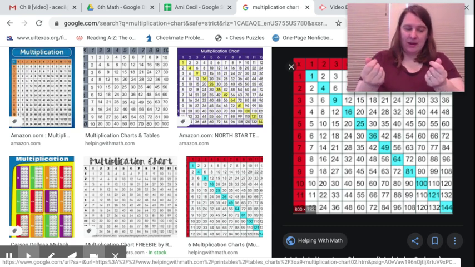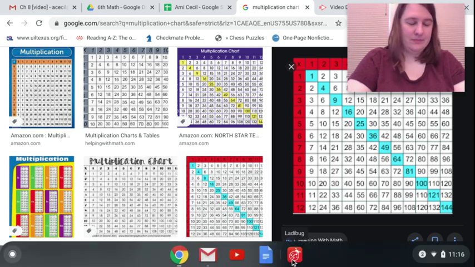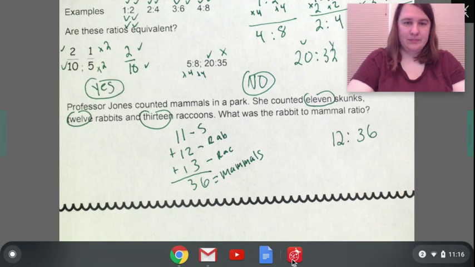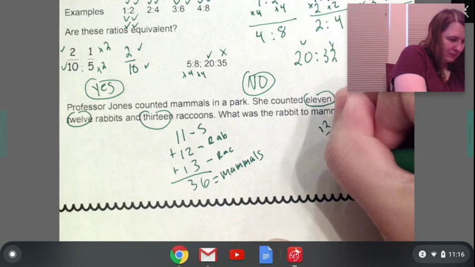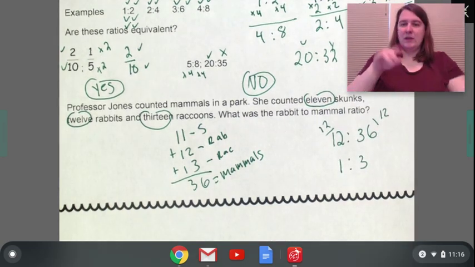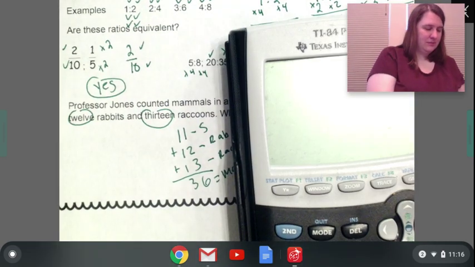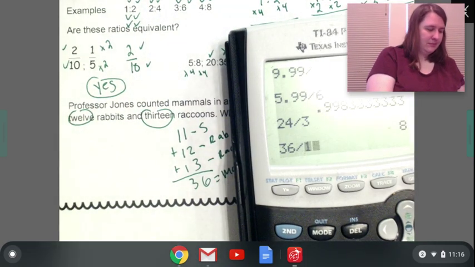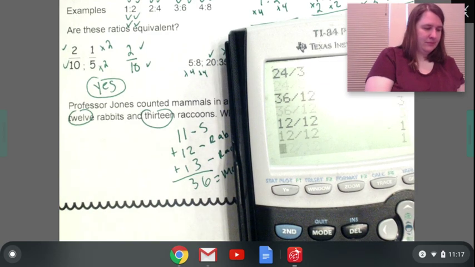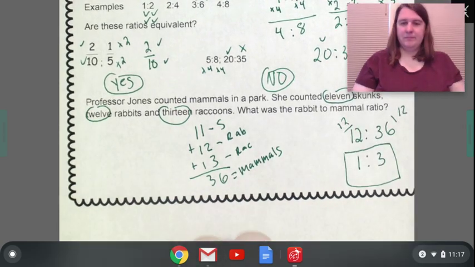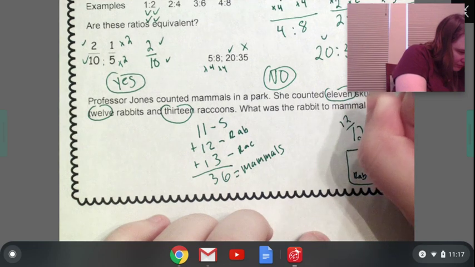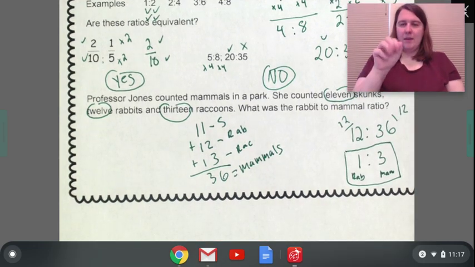So we can simplify it by dividing 12 by 12 and 36 by 12, which becomes 1 to 3, my rabbit to mammal ratio.